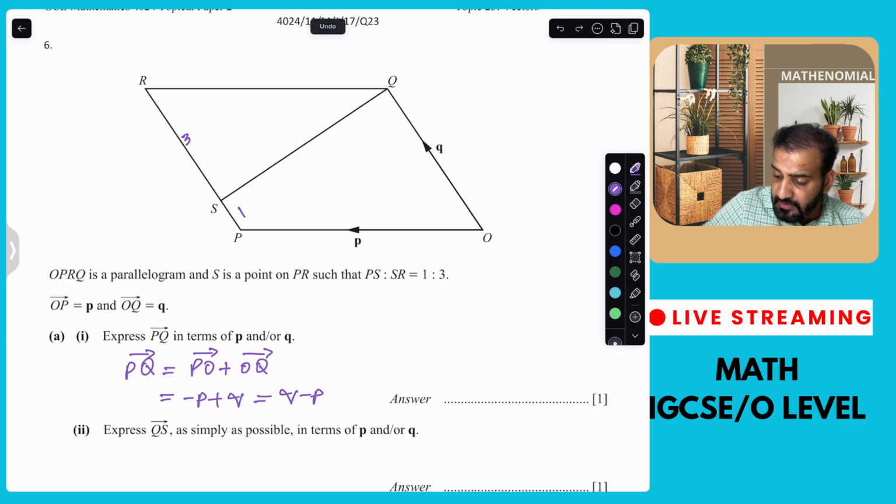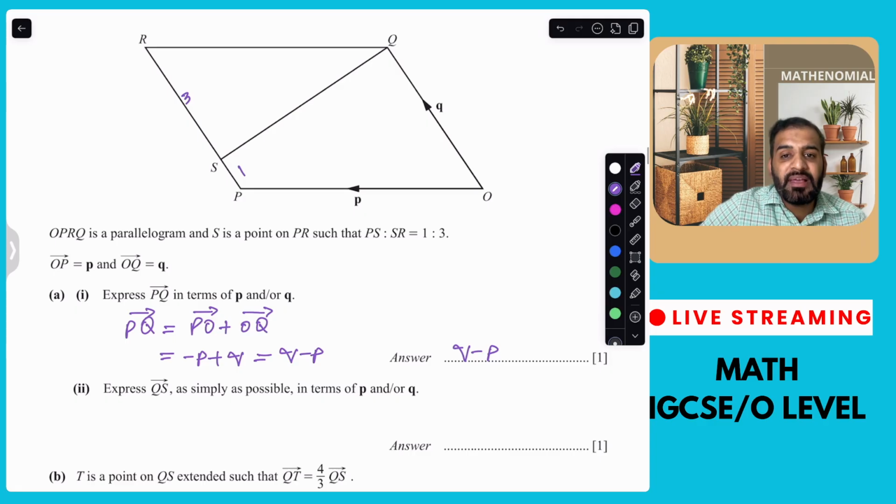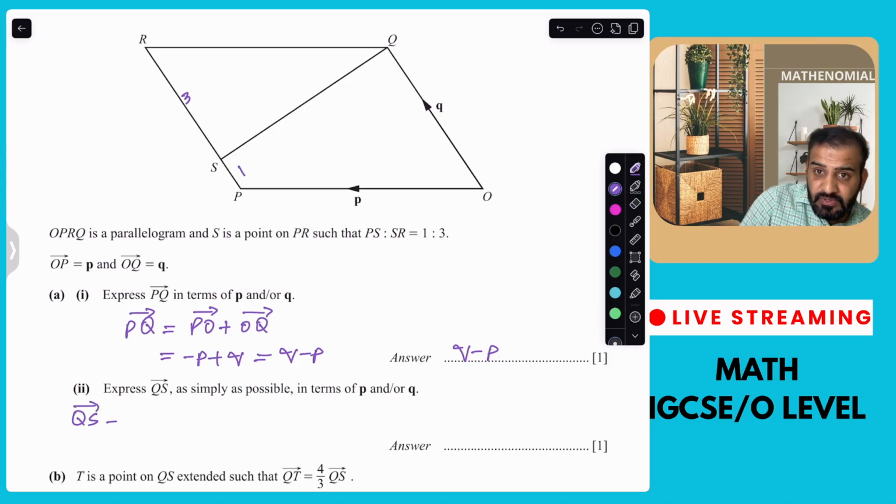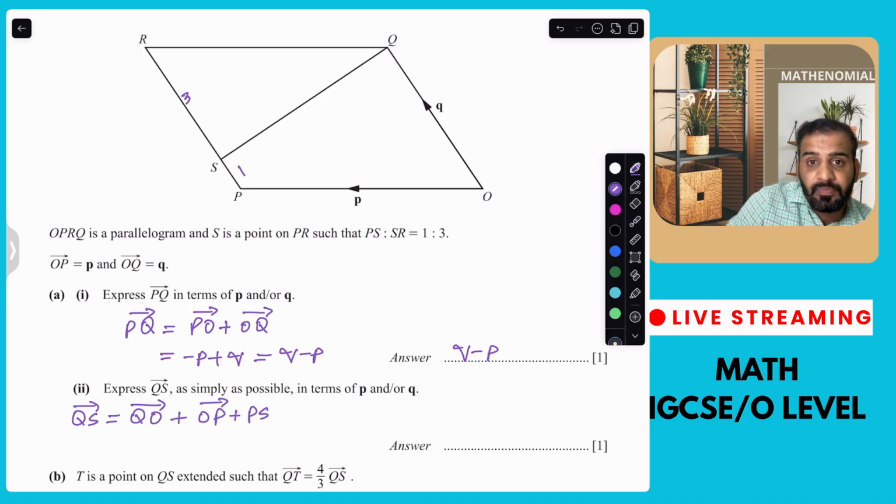Next, express QS as simply as possible in terms of P and Q. So Q से आपने S पे आना है, so it is so simple. QS is equal to QO plus OP plus PS.